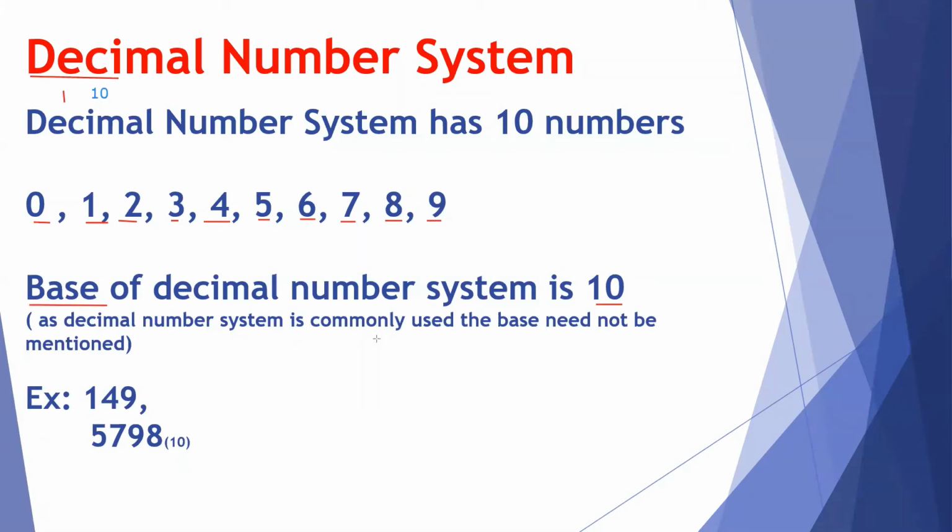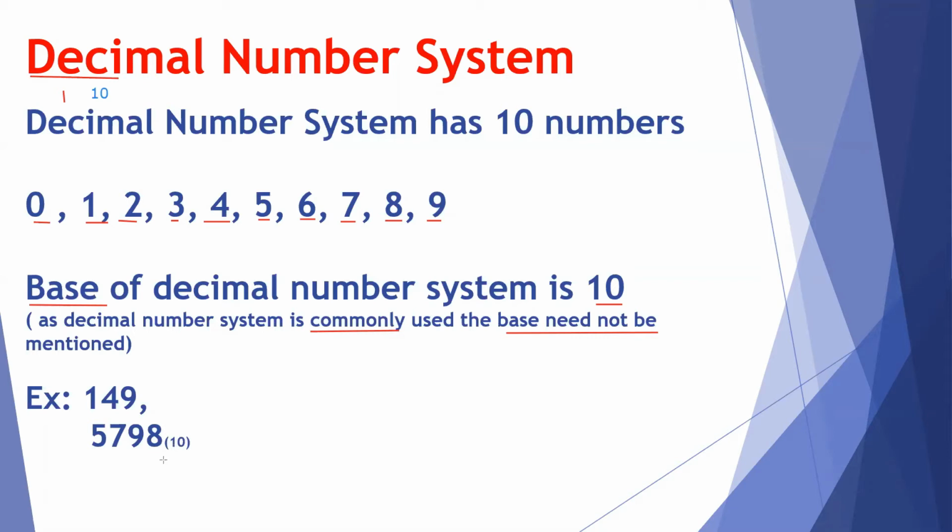We use the decimal number system in our day-to-day life, be it currency, numbers, addition, subtraction, whatever it is. So we use it commonly, and that's why the base is not necessary in this case. Only in the case of the decimal number system, writing the base is not needed.